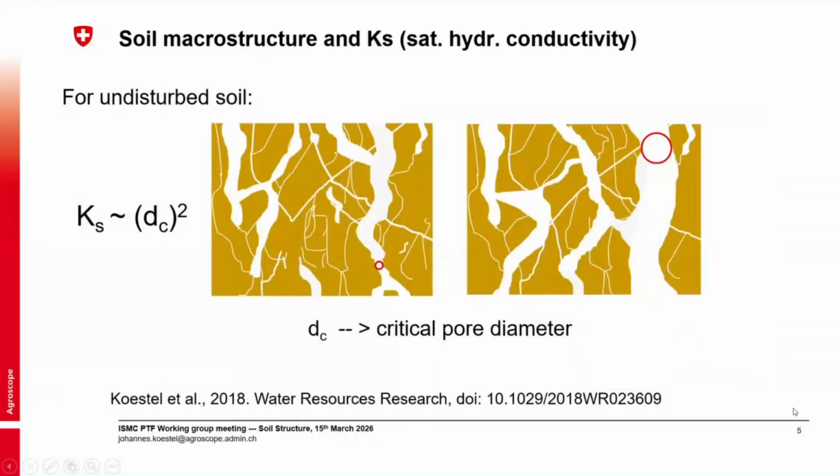So, and just because we are talking to a group that is working on pedotransfer functions, and the most classical pedotransfer functions found soil hydraulic properties. Here kind of a relationship between Ks, which is kind of notoriously difficult to predict from classical soil properties, but it gets better if you have the soil structure.